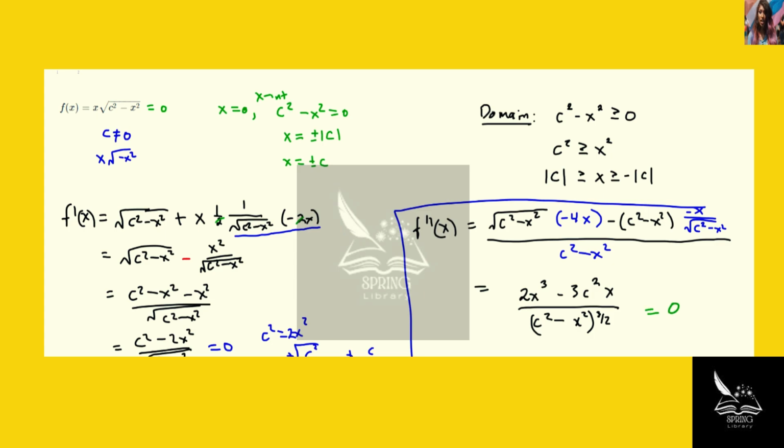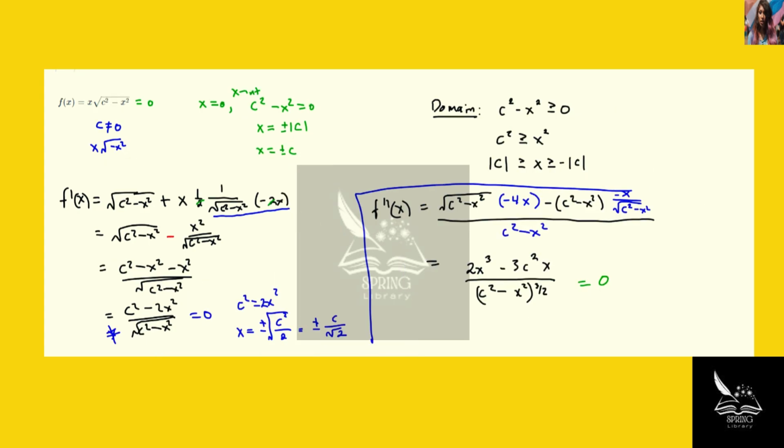And then if we set this equal to 0, we just set the numerator equal to 0. So that's really just asking us to solve 2x cubed is equal to 3c squared x. Oh, actually, let me go ahead and factor an x out first. So x times 2x squared minus 3c squared is equal to 0. By the zero product property, that tells us either x is equal to 0 or this other expression is equal to 0.